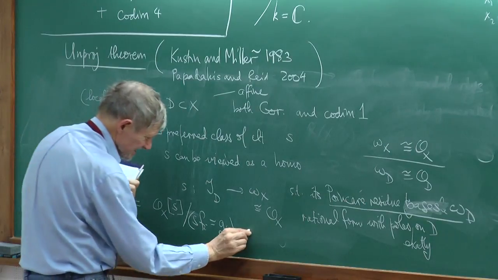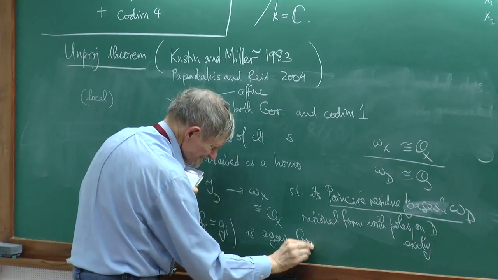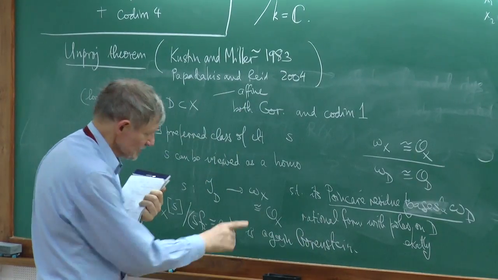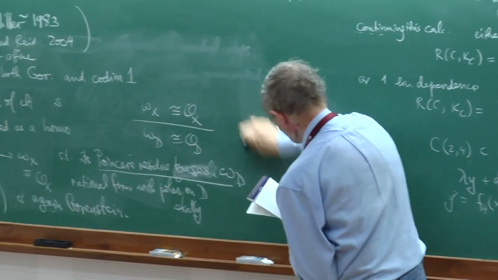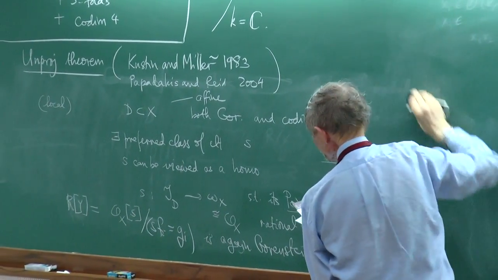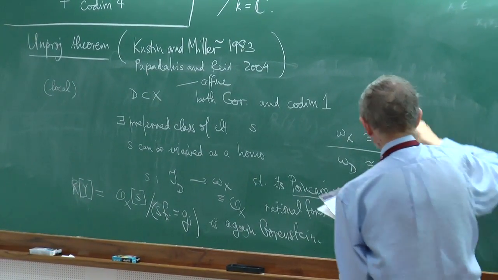It is again Gorenstein. Okay, so let me come back and explain the terms here. I won't say what the projective version is because for most of you the projective version is sort of intuitive, whereas the local version is a lot of gobbledygook in commutative algebra.